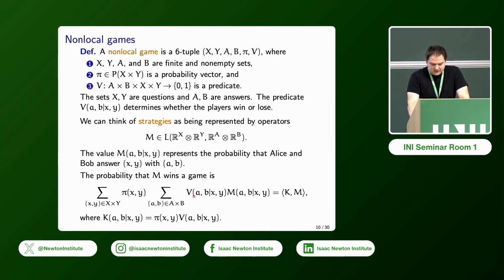which comes from a straightforward computation. We can in fact also represent the game as a matrix. This operator K represents the game in the following way. And then the probability that M wins the game is given by this inner product. To find the maximum probability, we just have to take a supremum over all such matrices.